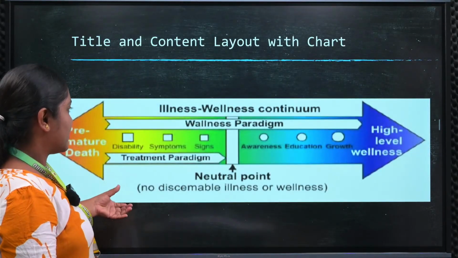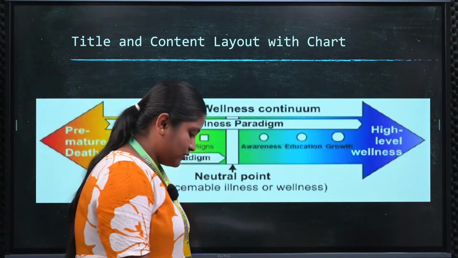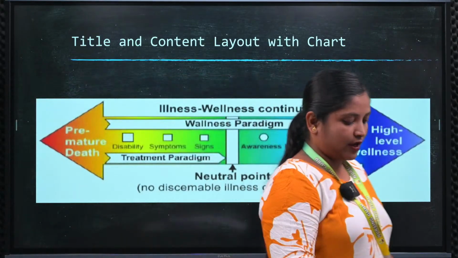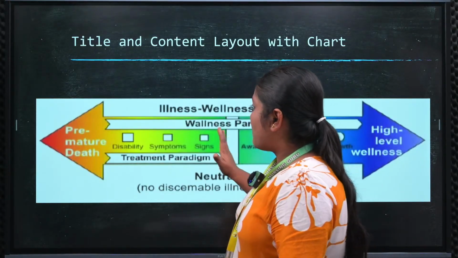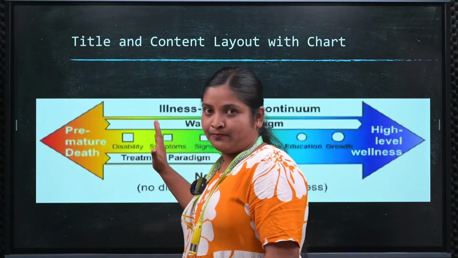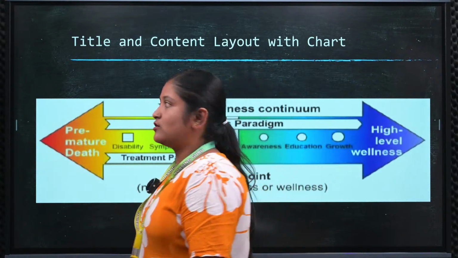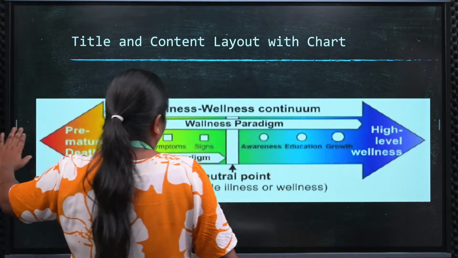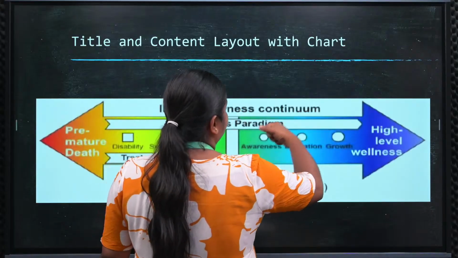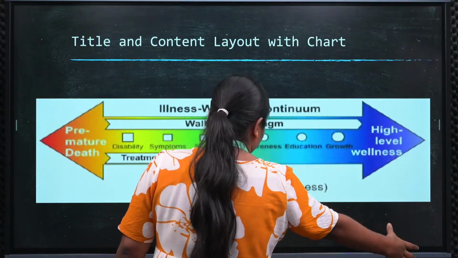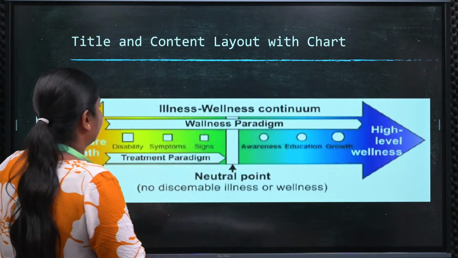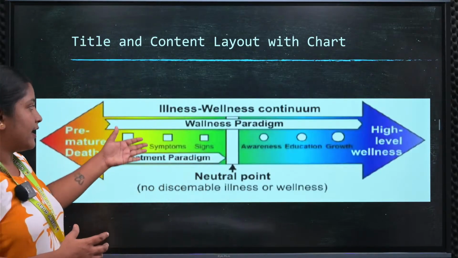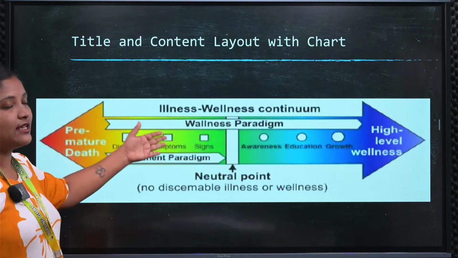Understanding, right? Next we can move towards the diagram. In yesterday's class we didn't put the diagram, so today I have kept it. You can see the treatment paradigm on the left side, and on the right side the high level wellness. On the illness side you can see disability, signs and symptoms.